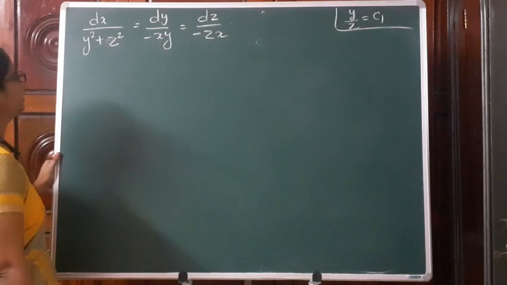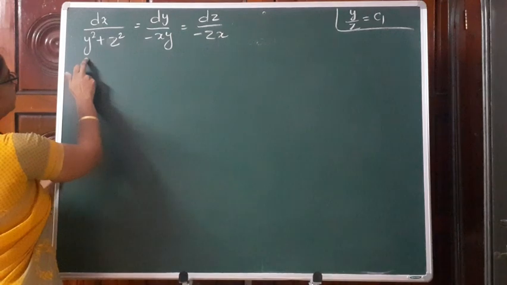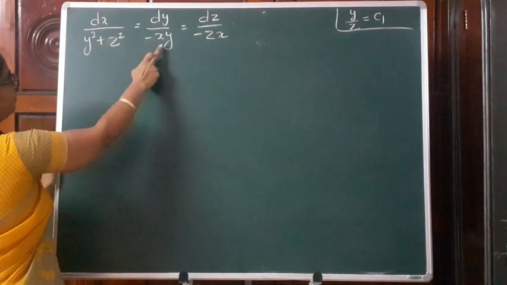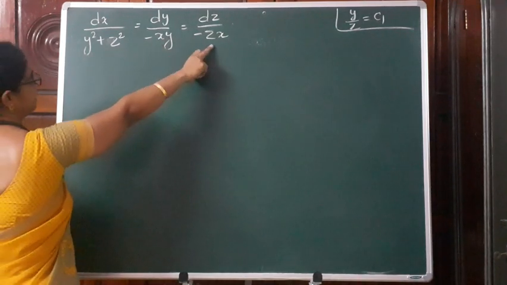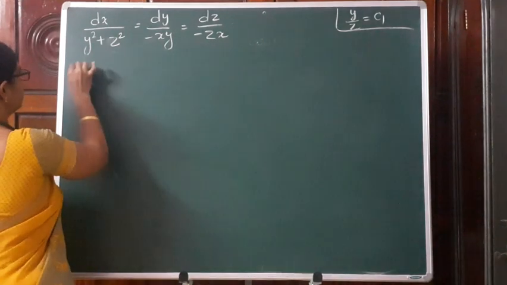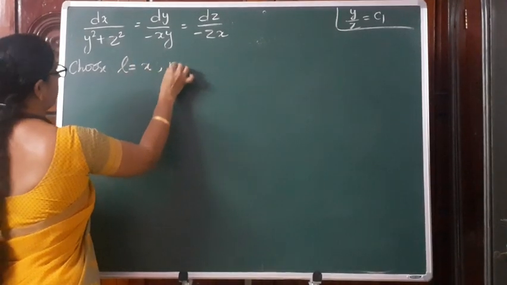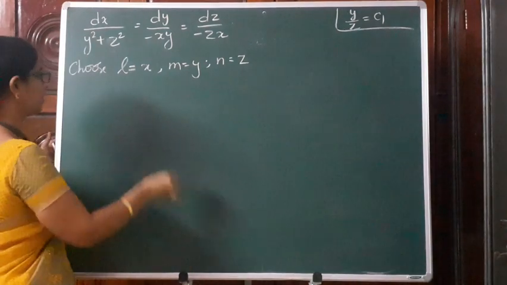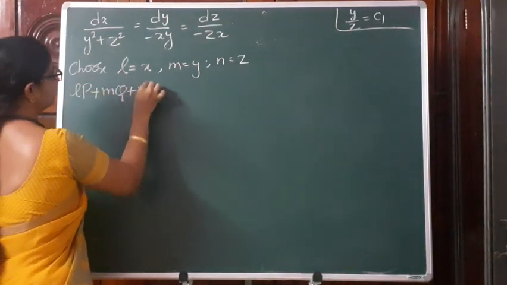Here maybe if we multiply this with x, we get xy square plus xz square, and if we multiply this with y we get minus xy square, and this with z we get minus z square x, so that they get cancelled. So I choose L is equals to x, M is equals to y, and N is equals to z, and let us check whether LP plus MQ plus NR is equals to 0 or not.